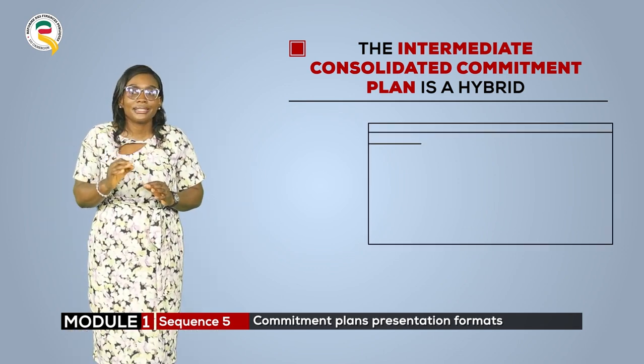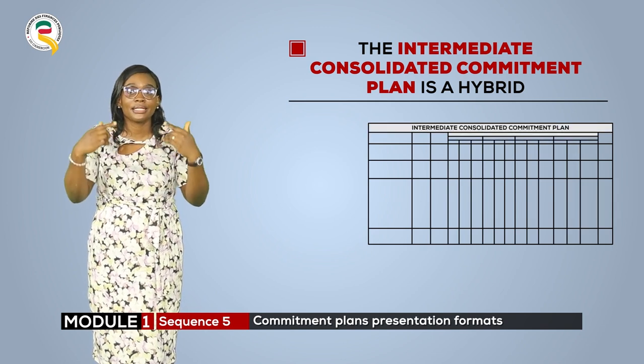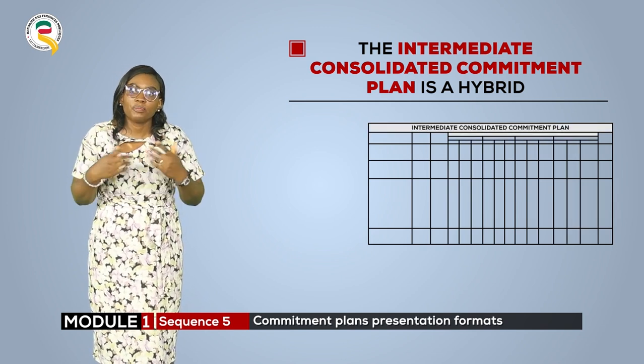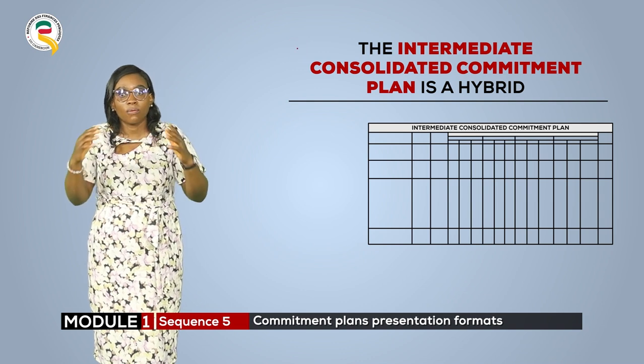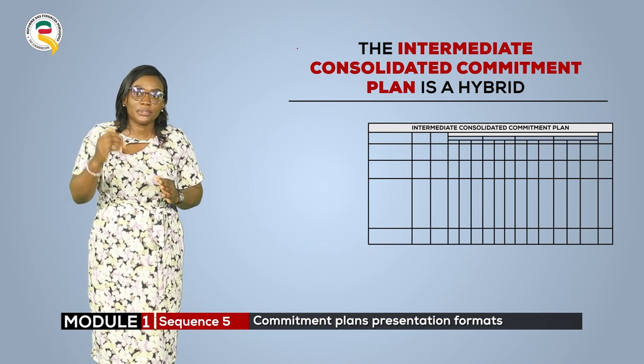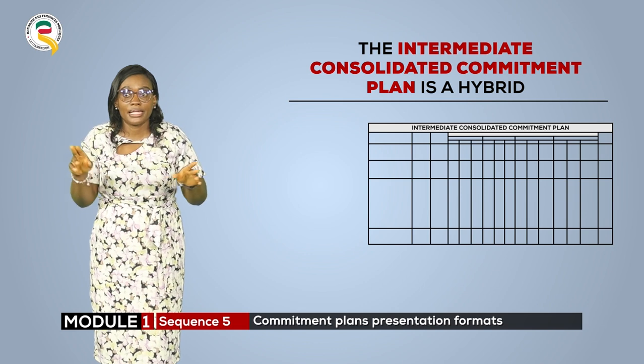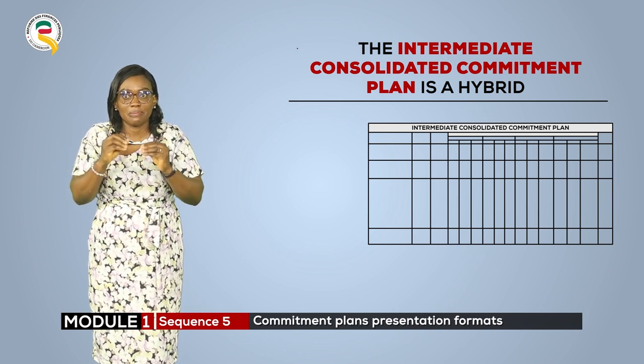It has exactly the same row and column format as the segment commitment plans. But because it is a consolidated commitment plan, the figures it contains represent the sum of all the segment commitment plans.